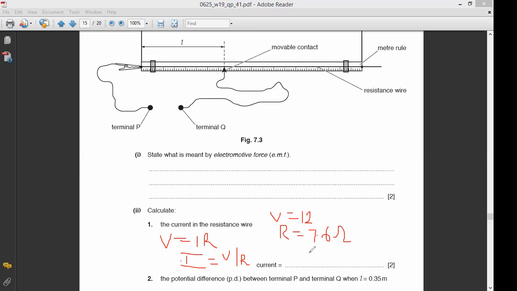So I is 1.57, approximately 1.6. What is the unit? Remember the unit. Amperes. Ella, did you get the same thing? Okay, 1.6 amperes. Correct.